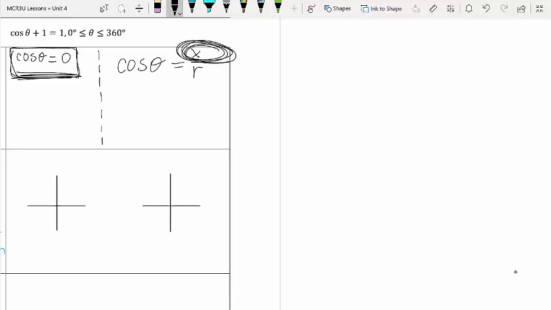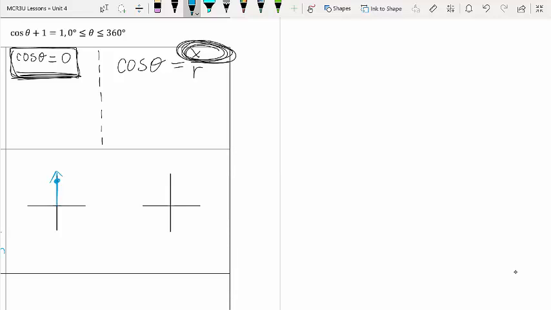So we need to ask ourselves, where could you draw a point such that the x value is 0? Well, any point on the positive y-axis would have an x-coordinate of 0. So a point right here could have an x-coordinate of 0, which means the terminal arm must be there as well.